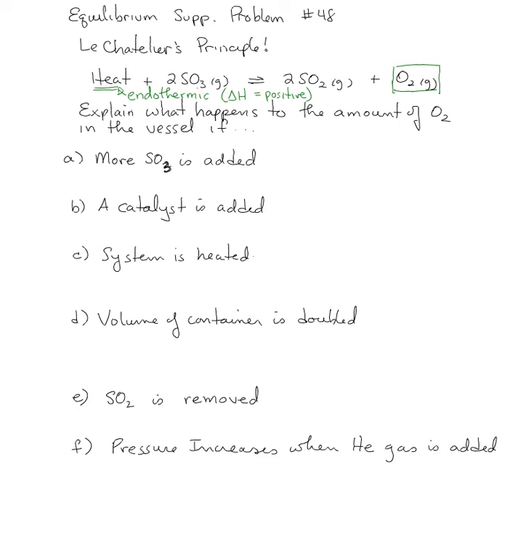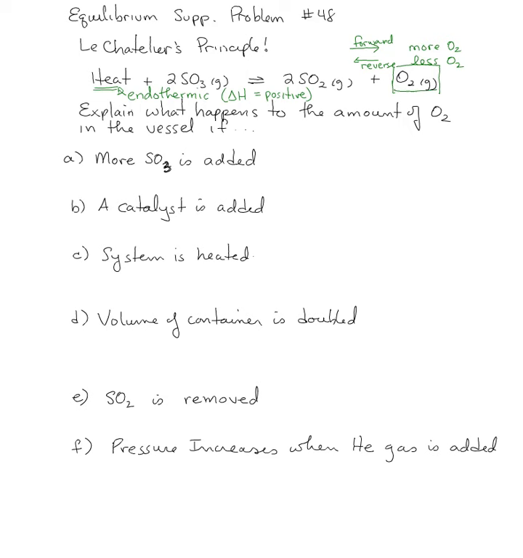I notice that oxygen's on the right side of my equation. So if the reaction shifts in the forward direction, to the right, then we're going to get more O2. If the reaction shifts in the reverse direction, then we're going to get less O2.